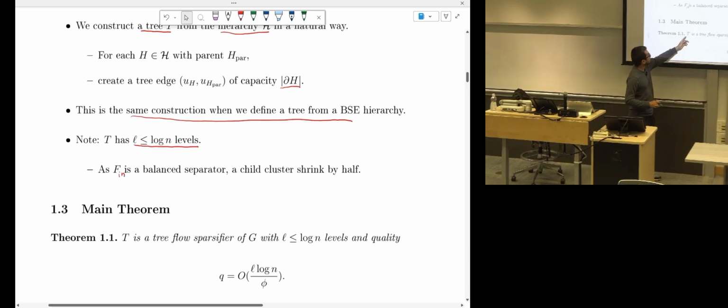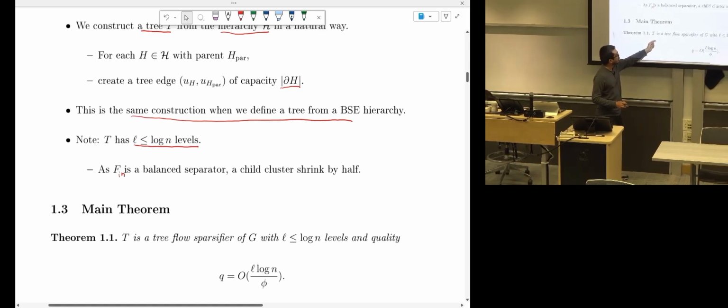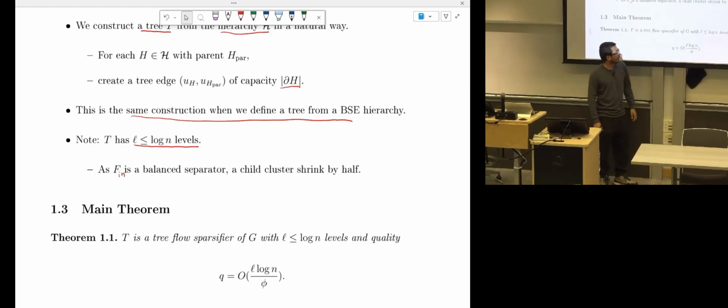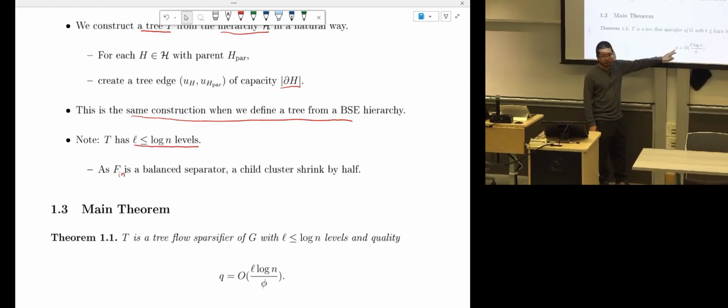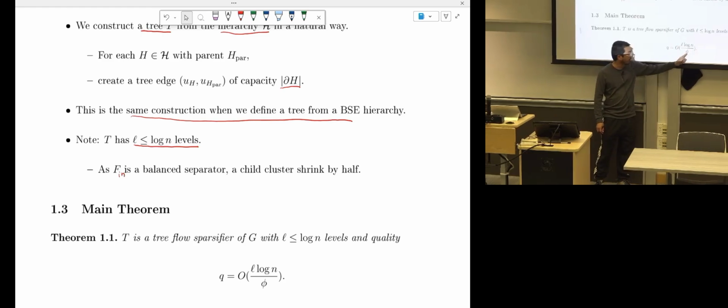I claim that this tree T is a tree-flow sparsifier of the graph, where the quality, the approximation, is the number of levels times log n over phi.